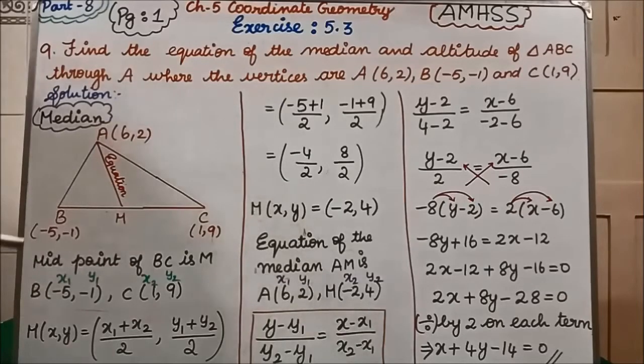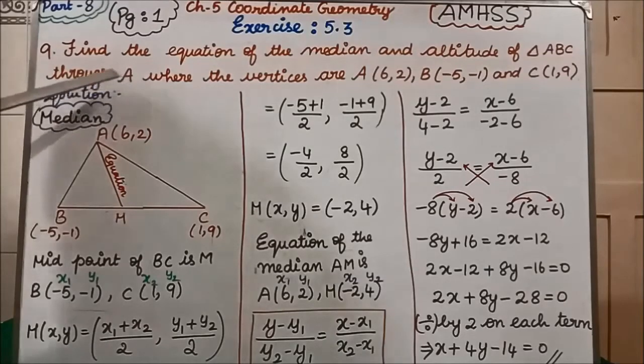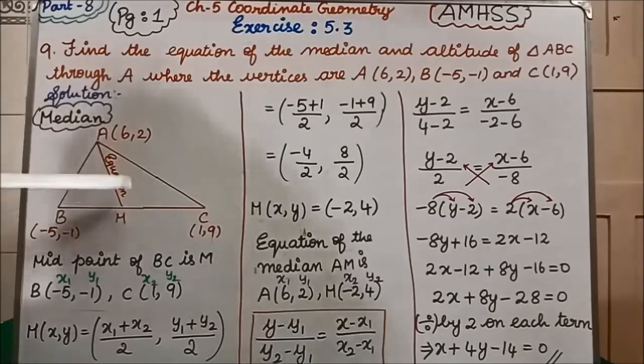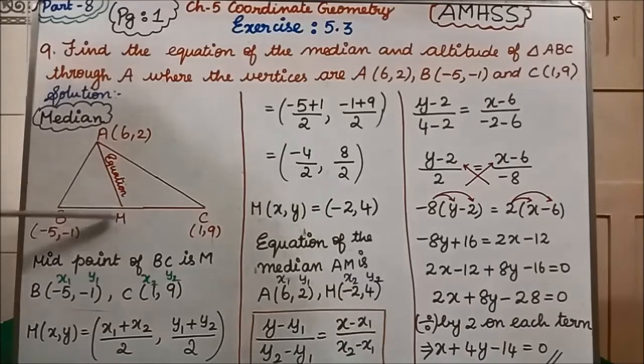According to that you have to draw the triangle. Suppose in your exam they ask differently, through B means from B you have to draw the median. Since in the question it is given through A, from A you are drawing the median.